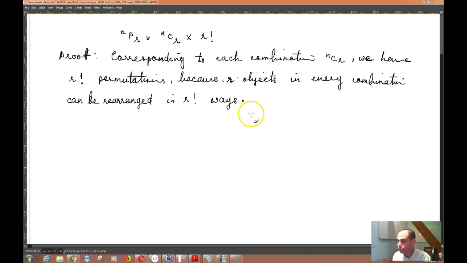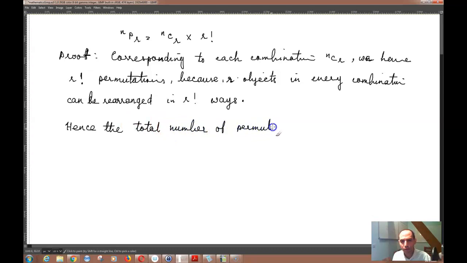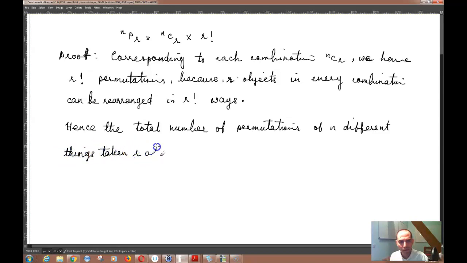And so, hence the total number of permutations of n different things taken R at a time is n combination R times R factorial.